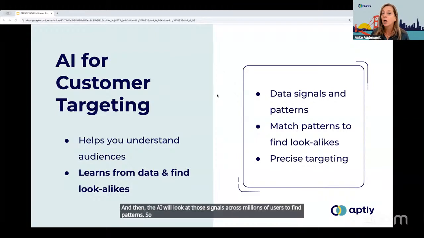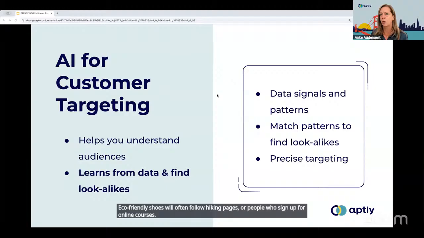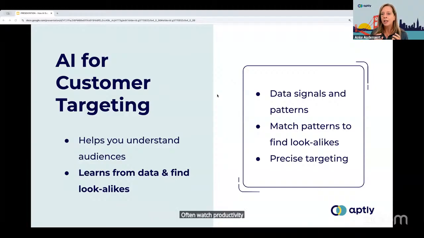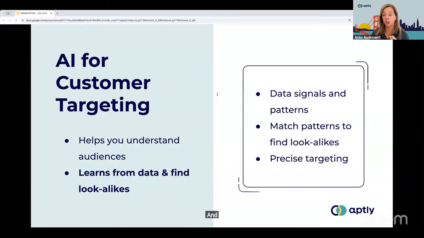So, for example, people who buy eco-friendly shoes will often follow hiking pages, or people who sign up for online courses often watch productivity videos. Those patterns will tell the AI that there are groups with similar behaviors. And those are going to be the groups that the AI will try to target for you.